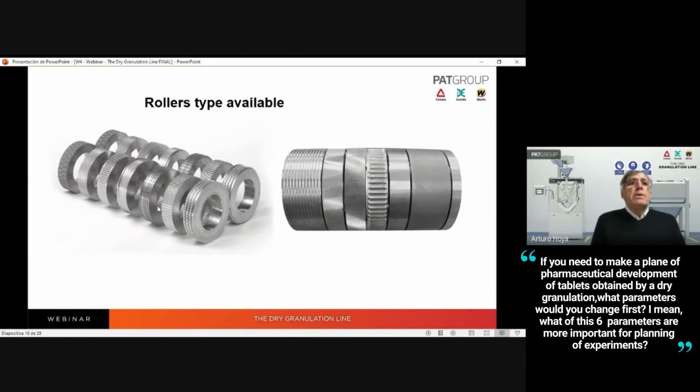It's very important to keep in mind that the fillers are the principal excipients. It's important that these fillers have deformation by fragmentation.